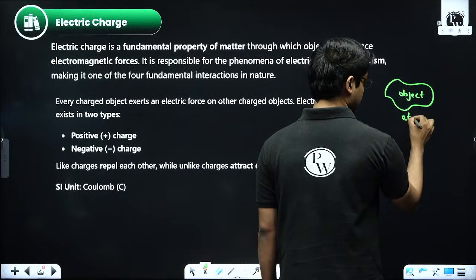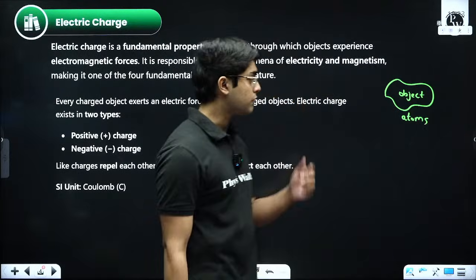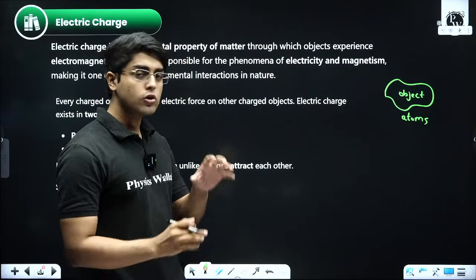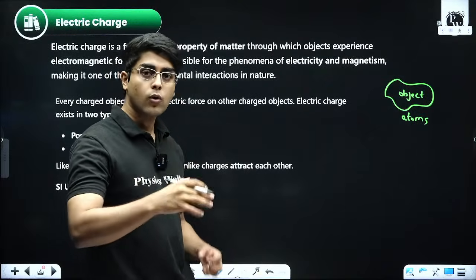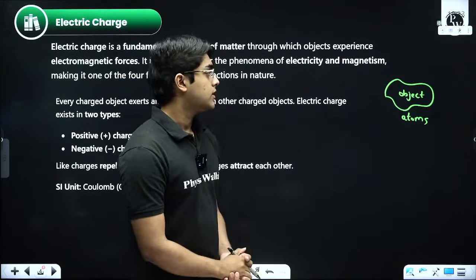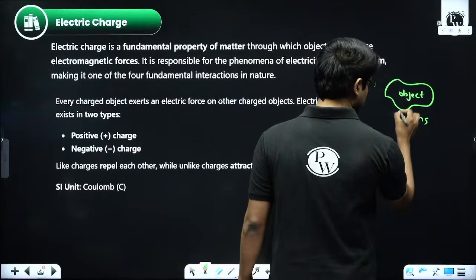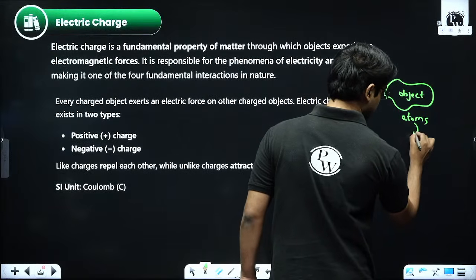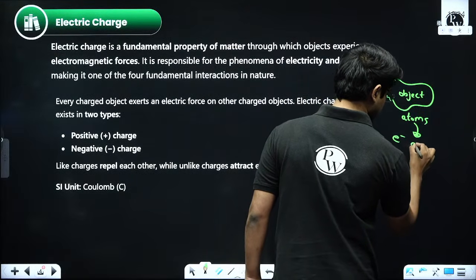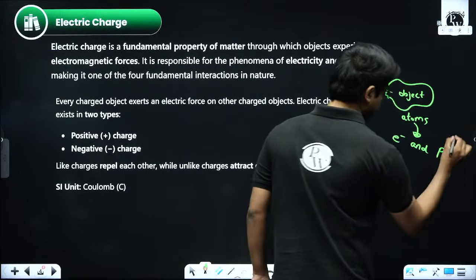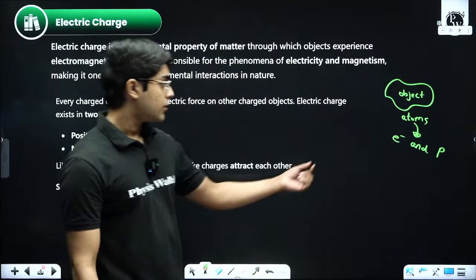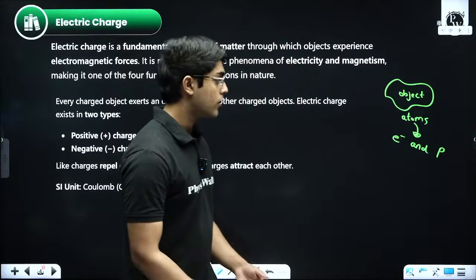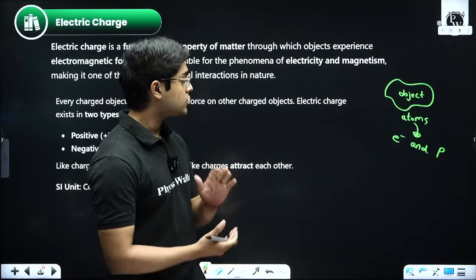Inside the atoms, within the nucleus there are protons, which carry positive charge, and surrounding the nucleus we have electrons. So within atoms we have electrons and protons. These are fundamental particles of nature. An electron has a negative charge and a proton has a positive charge. We'll discuss their charge after some time.